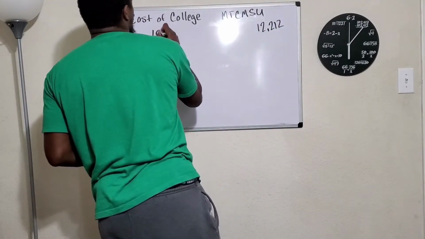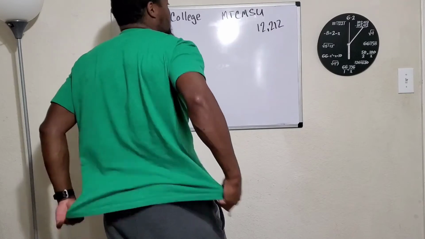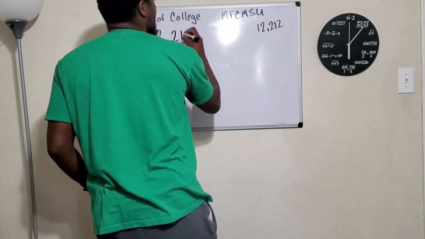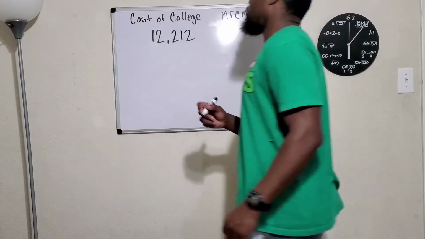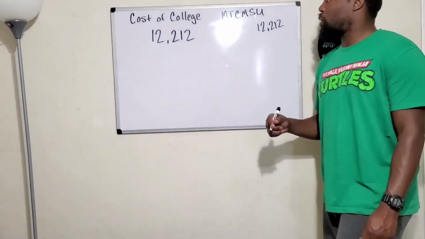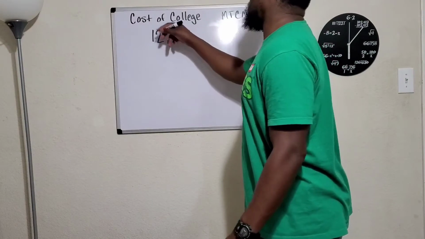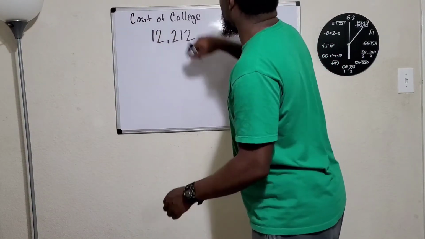So let's just say that our MTC MSU 1 year costs this amount of money, right? That's the cost of attending for 1 year, right? Cost of attending, cost of college, right? So perfect, I wrote it under there.